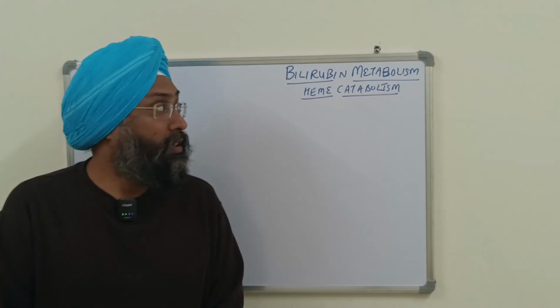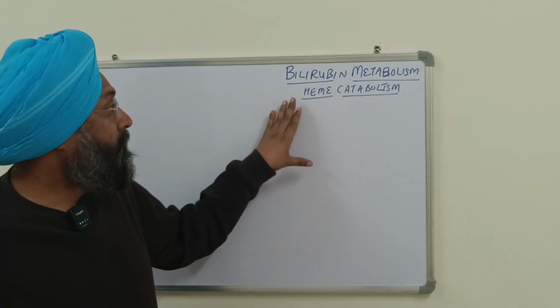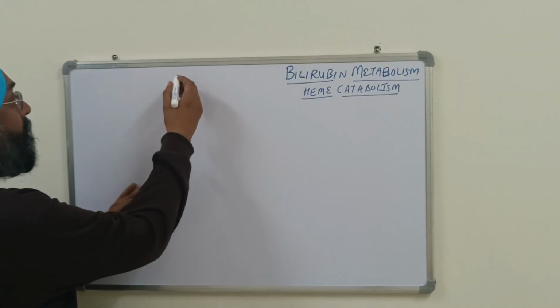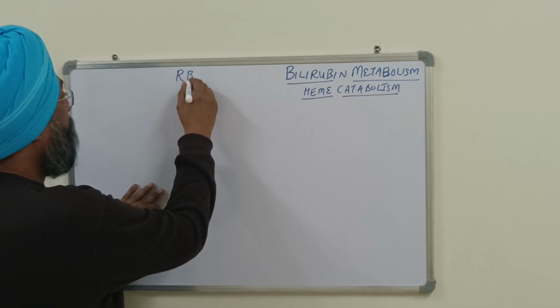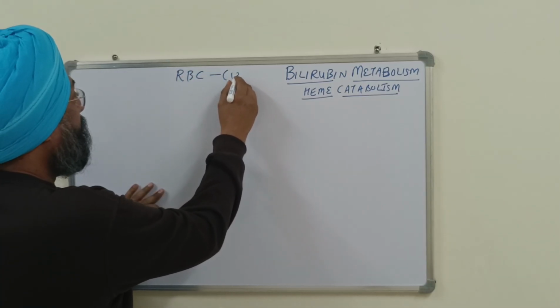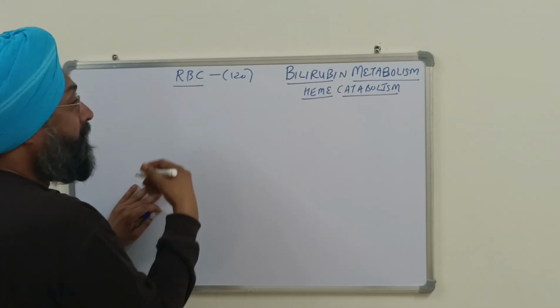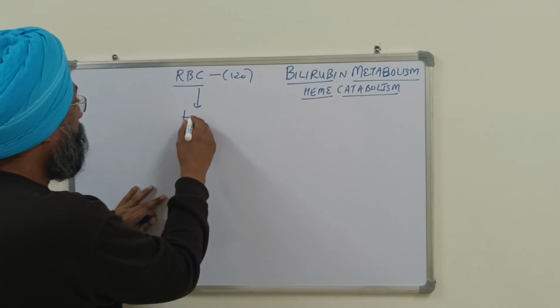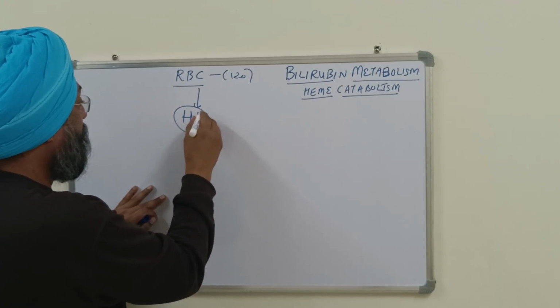In today's class we will discuss bilirubin metabolism and heme catabolism. First of all, RBCs after a span of 120 days undergo hemolysis or breakdown to form hemoglobin.